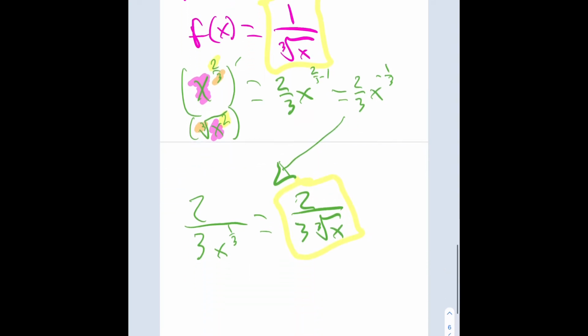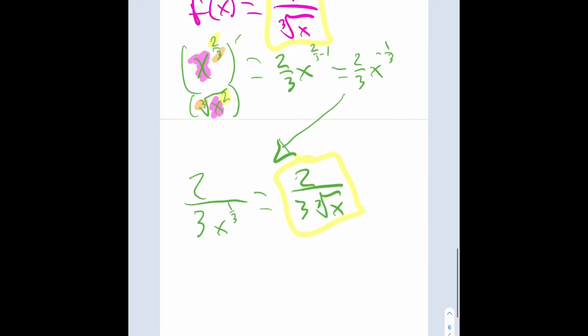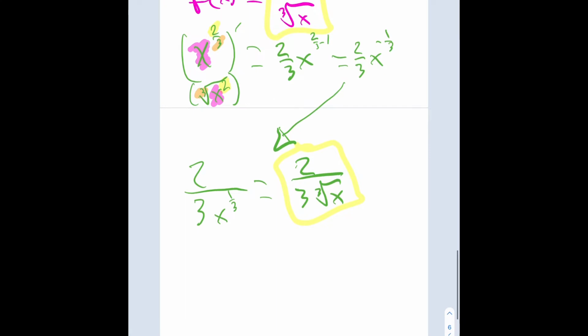So all I'd have to do to get this as my antiderivative would be to cancel out that 2/3, which we can do by multiplying by 3 over 2.